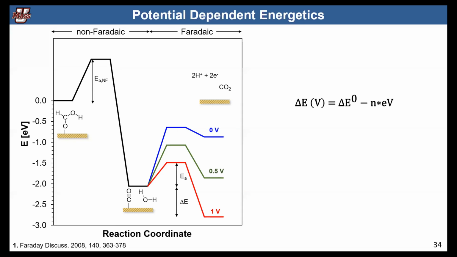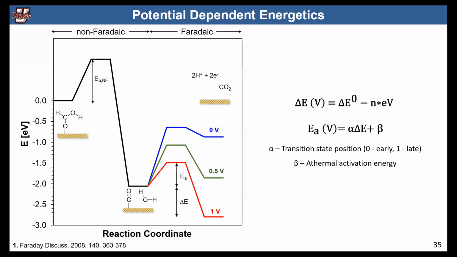And so to quantify this, you can think about it in terms of this equation over here. Your delta E at any applied potential is equal to some standard state delta E, and it decreases based on the number of moles of electrons you have involved and the applied potential. Generally, you have 1 mole of electron involved. For every volt of applied potential you give, you're going to decrease that delta E by about 100 kilojoules per mole.